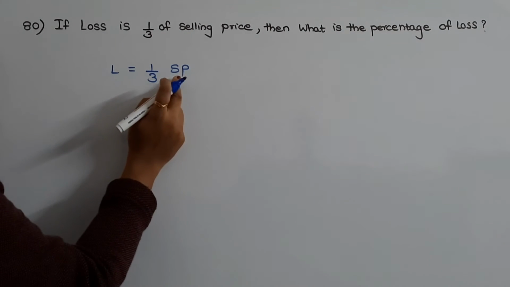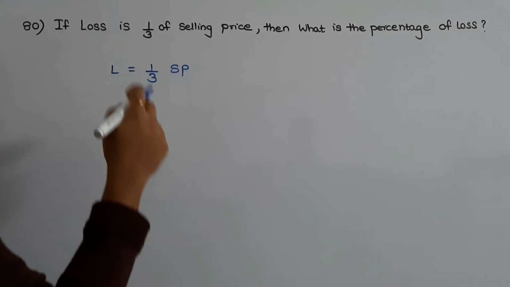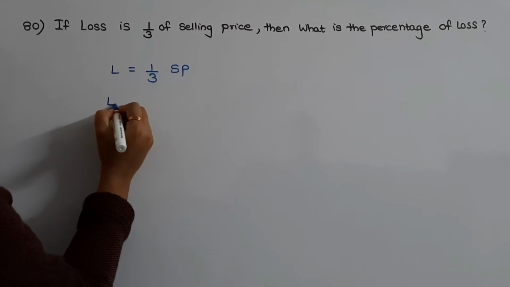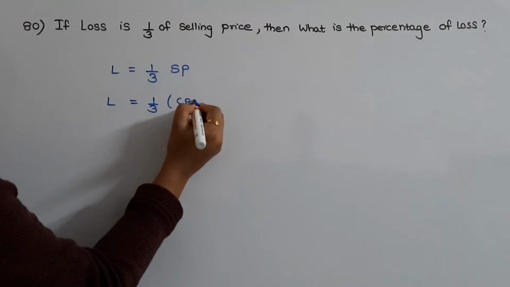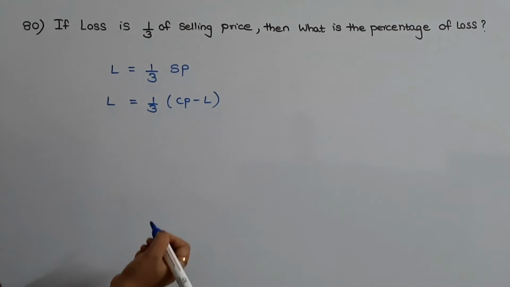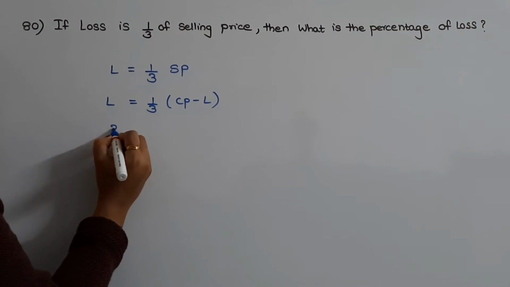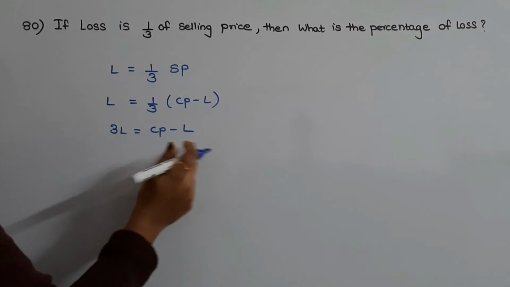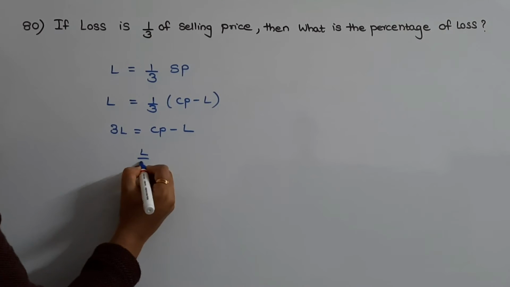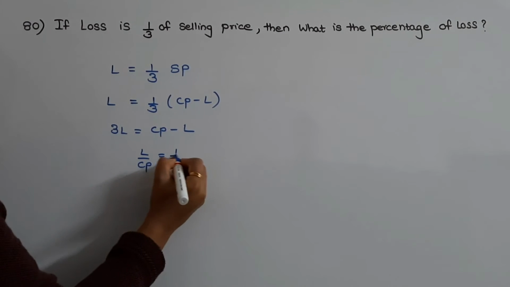So loss is equal to 1 by 3 into cost price minus loss. This we can write as 3L is equal to CP minus L. On solving this we will get L by CP is equal to 1 by 4.